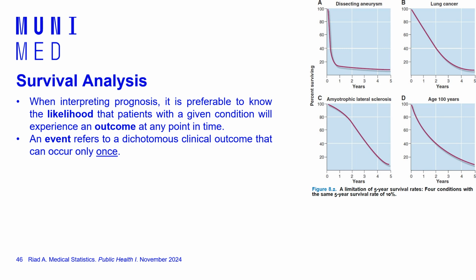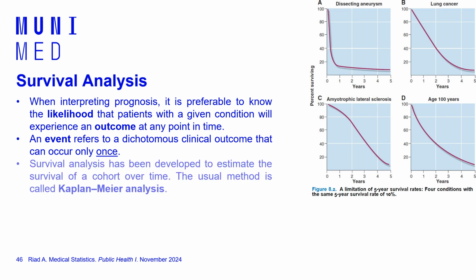But the question is, are these three diseases equal or similar in risk of mortality for the patients who get them? Of course not, because many people can survive the first year from amyotrophic lateral sclerosis or from lung cancer. However, they cannot do the same for dissecting aneurysm, because dissecting aneurysm has the worst survival in this case.